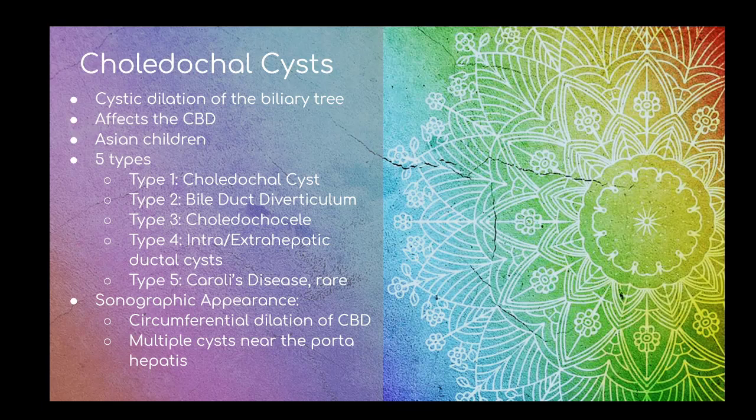So the common bile duct dilates, kind of looks like a cystic area, but it's really just a dilation of the bile duct. We quite often see this in Asian children, more likely. And remember, we think that it is due to the backup of pancreatic enzymes into the common bile duct, weakening the wall so then it can expand and kind of look like a cystic dilation.